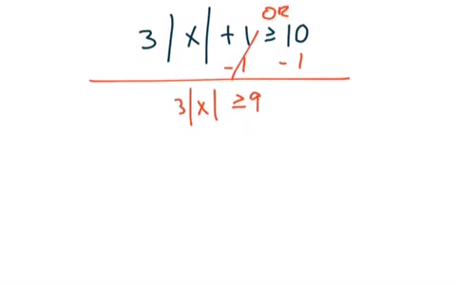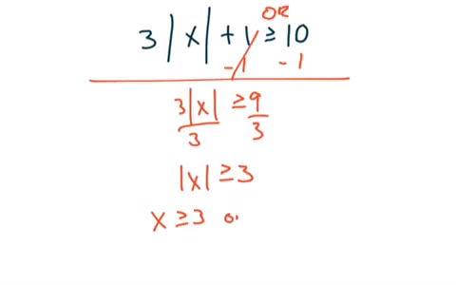Divide by 3, divide by 3. So absolute value of x is greater than or equal to 3. So undoing the bars, we have either x is greater than or equal to 3, or x is less than or equal to negative 3. And we need that OR in order for it to be correct.